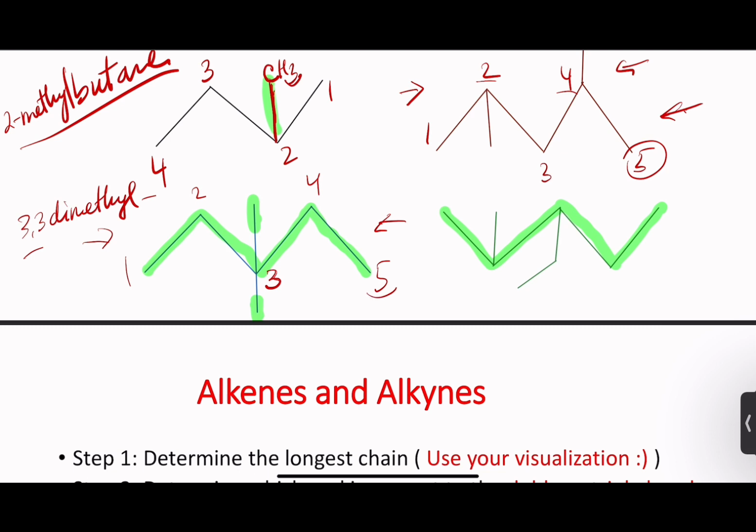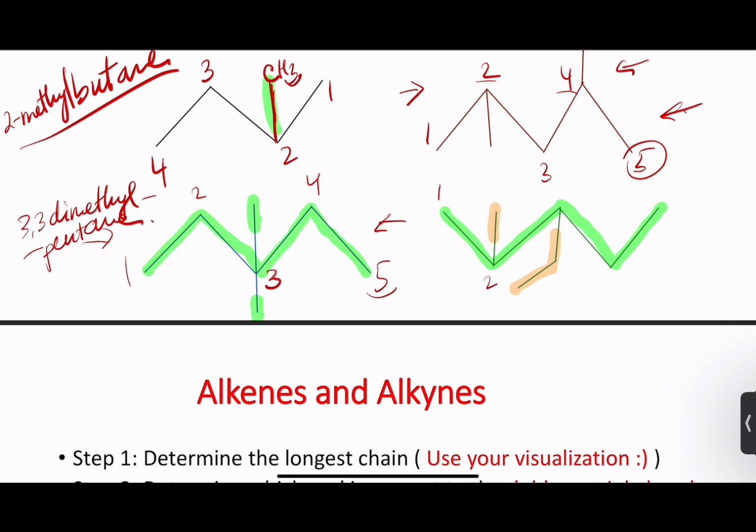And then because I have 5 carbons, it'll be pent, and it'll be pentane because everything is single bond. And this guy in here, this is ethyl and this is methyl. So I start numbering closer to the branch.